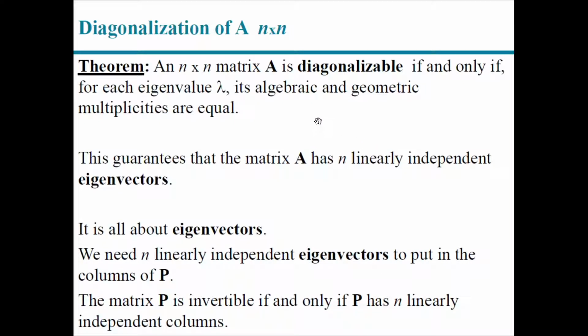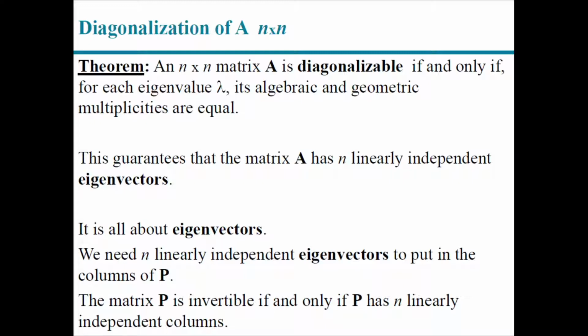So then we realize that actually A is diagonalizable when for each eigenvalue, the algebraic multiplicity of the eigenvalue is equal to the geometric multiplicity of the eigenvalue. So for each eigenvalue, I need to check that. And if algebraic and geometric multiplicities are equal for each of them, that's great.